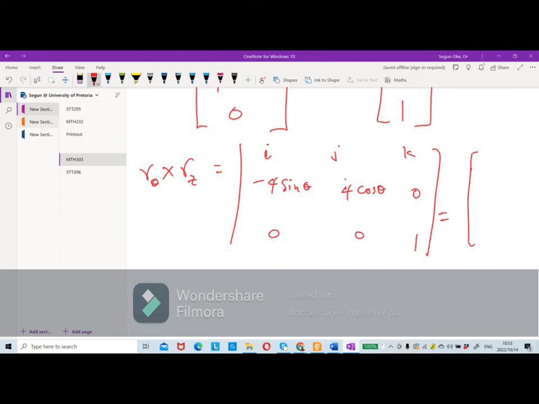Everybody do the determinant. Let me see. What do you have? The way we do i cross j, the same way, if you pick this one now, this one cross, this one goes, this will be what? 4 cos theta multiplied by 1 minus 0.